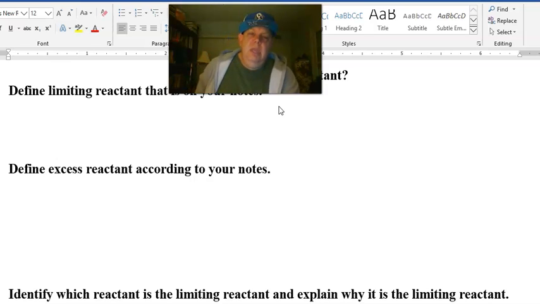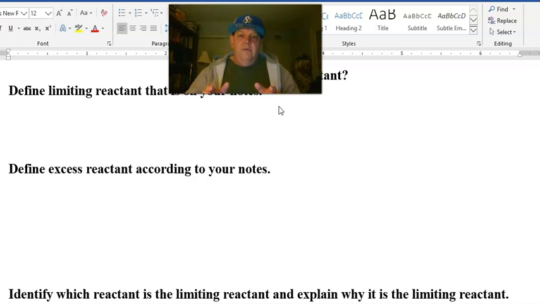We talked about limiting and excess reactant. The idea is that in any chemical reaction, it's not going to go on forever. Something is going to stop the chemical reaction from happening. The question is, what is it? And the answer is the limiting reactant. You have limiting reactant and excess reactant.